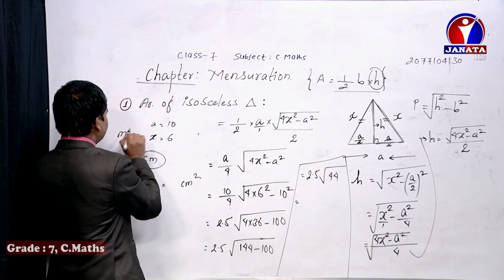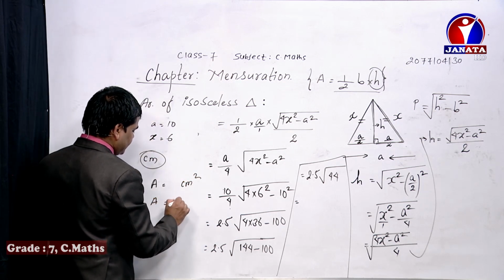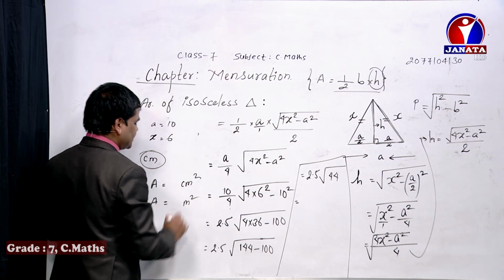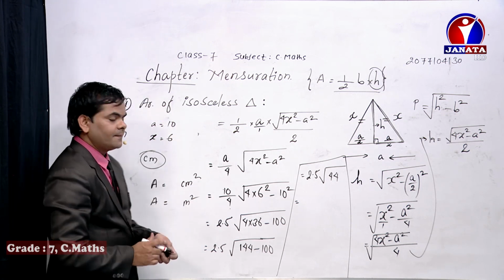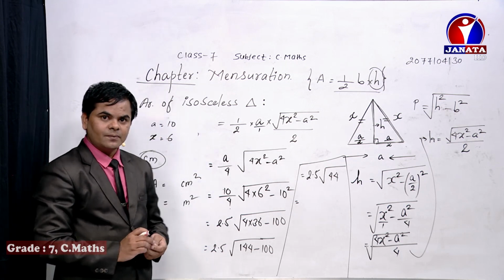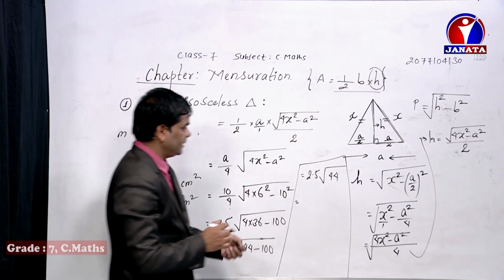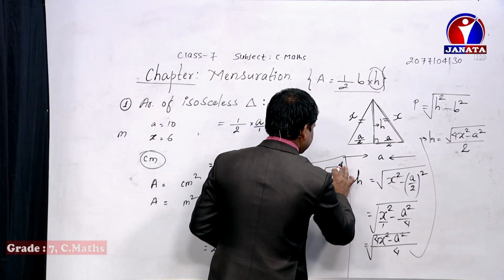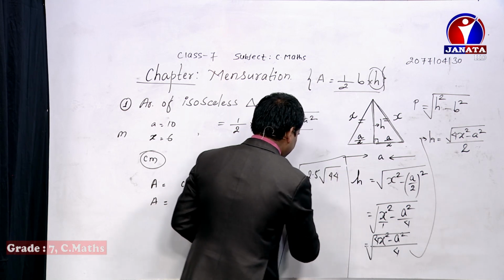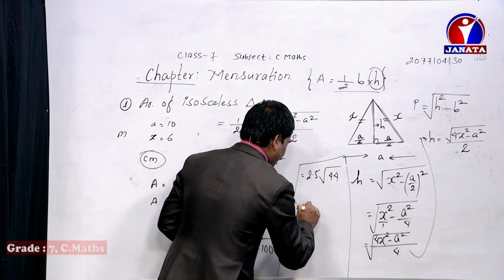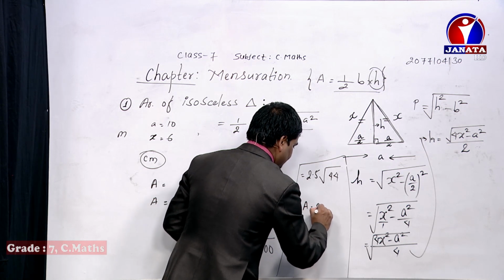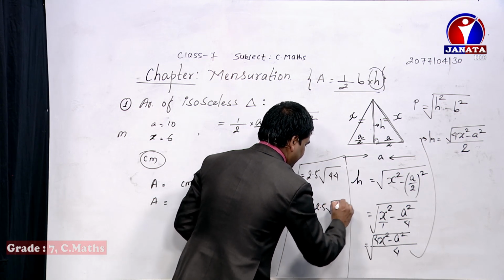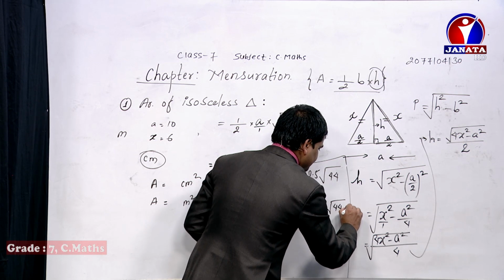If the unit is meter, then the area's unit comes as meter square. As in this question centimeter is mentioned, the unit will come in place of centimeter. So therefore area of isosceles triangle equals 2.5 root under 44 centimeter square.